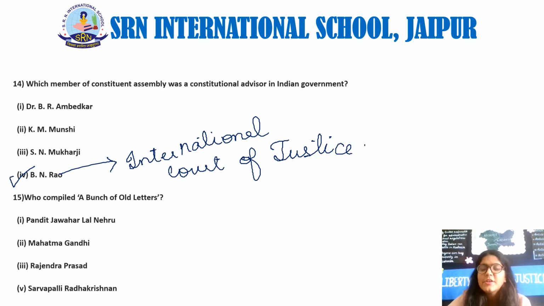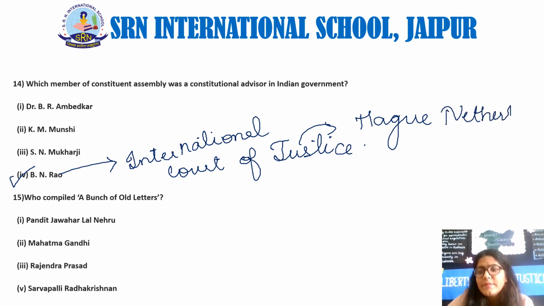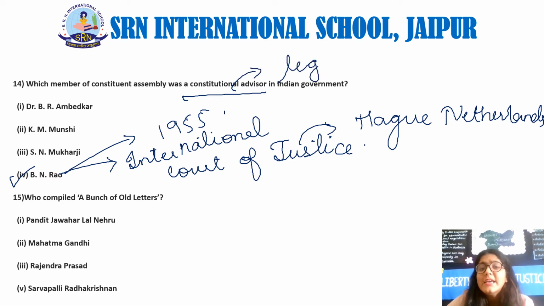This International Court of Justice is situated in Hague, Netherlands, and he represented India in 1955. He was the very first judge from India, and by constitutional advisor I mean legal advisor of the Constituent Assembly. I hope this is clear to all of you.